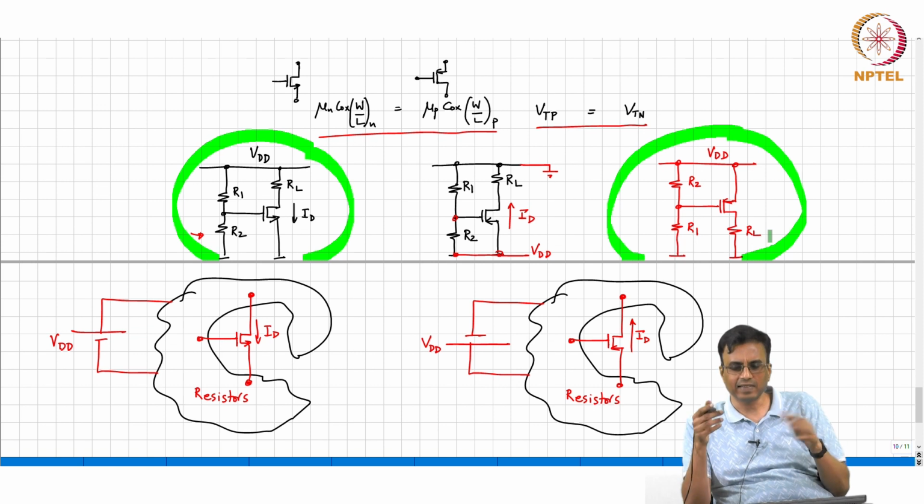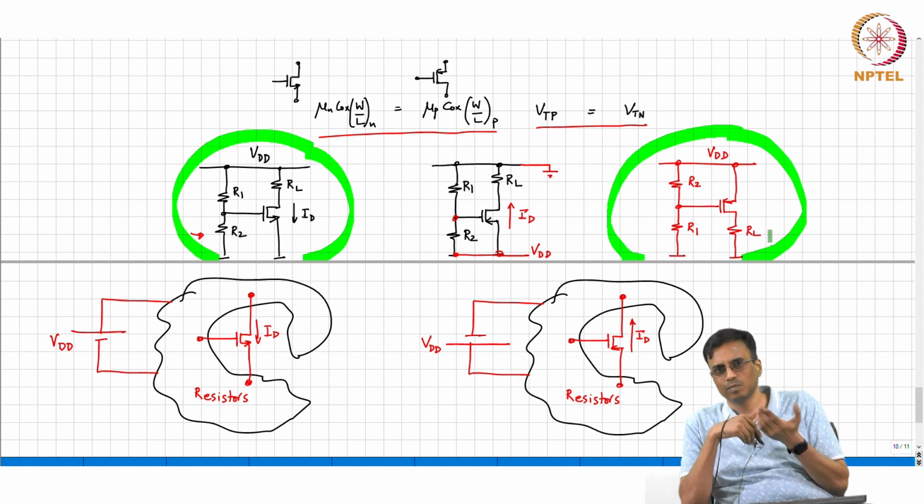The only thing is it takes a little while getting used to, because everything is kind of reversed, but after a little bit of practice you will find that working with PMOS transistors is just as easy or difficult as working with NMOS transistors.